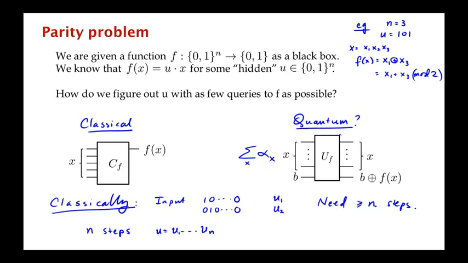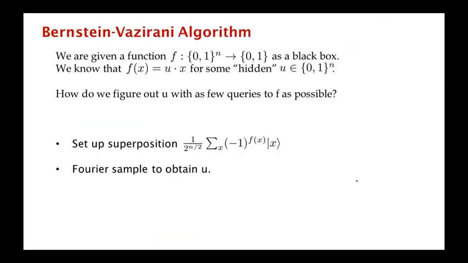And so the strange, counterintuitive part here is that even though the circuit is outputting 1 bit of information, we seem to be getting n bits out of it. Okay, so how does this algorithm work?